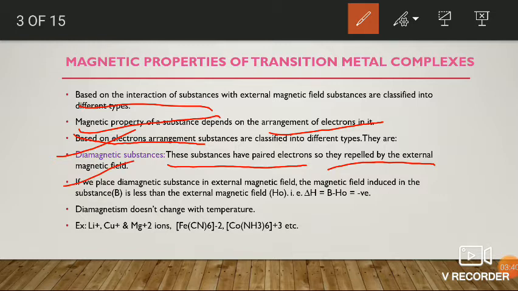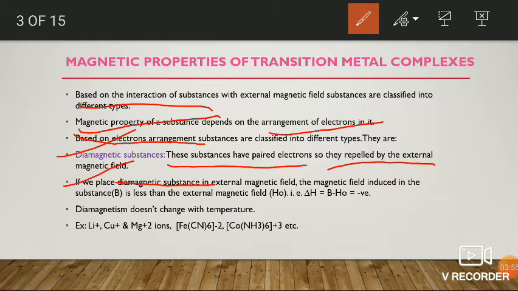If we place a diamagnetic substance in an external magnetic field, then an induced magnetic field is developed in the compound.